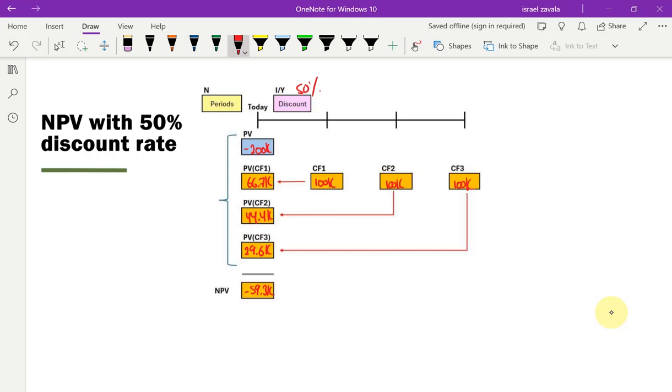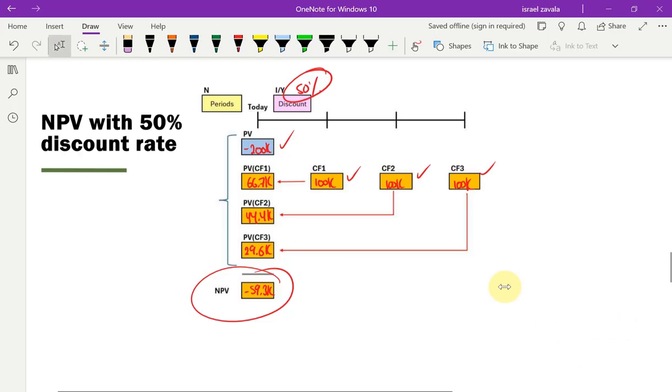Okay, so that means that despite the fact that we're getting $300,000 in total, this discount rate makes it so that the present value of the initial investment and all the cash flows is actually negative. Okay, I'm going to talk about what the positives and negatives mean in NPV shortly.